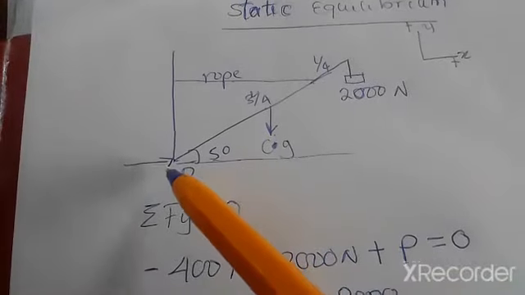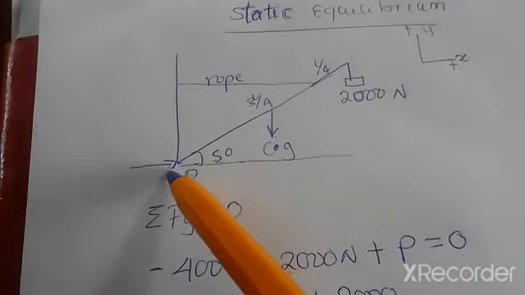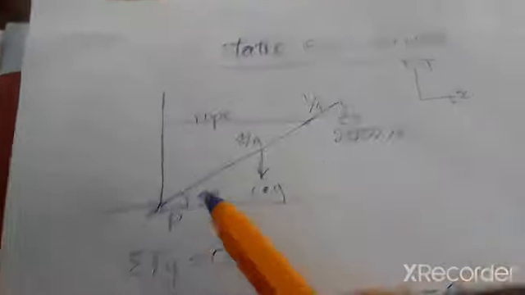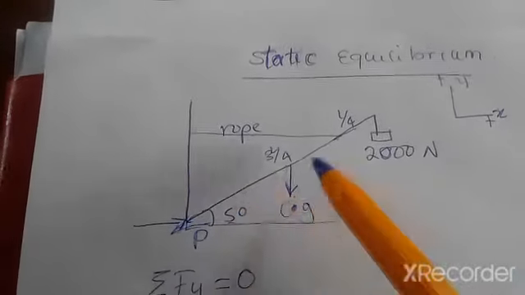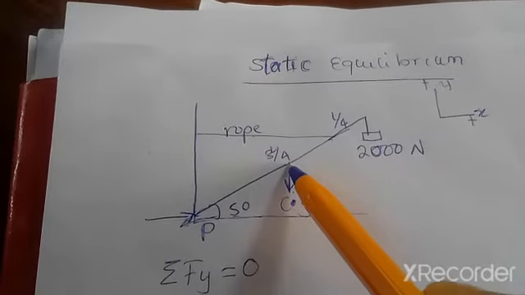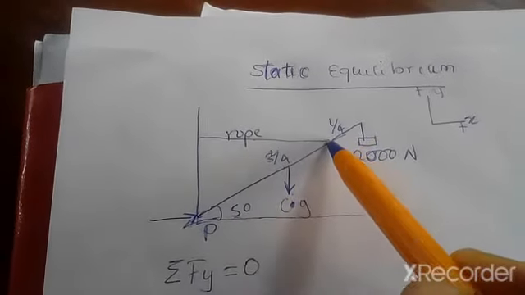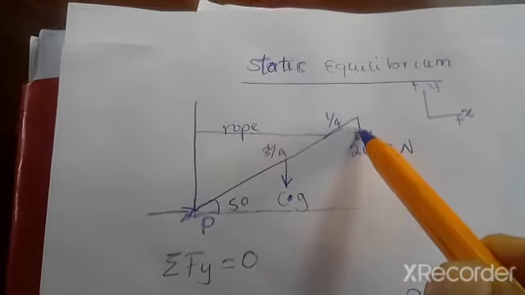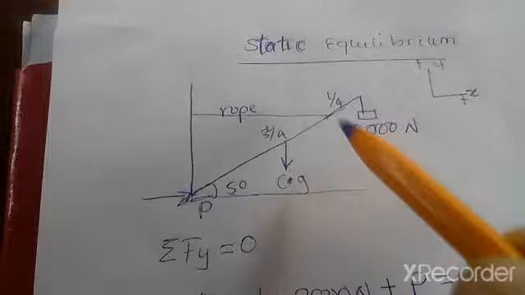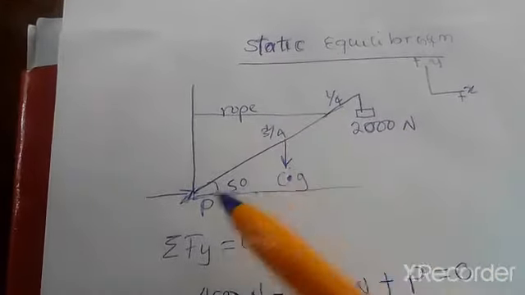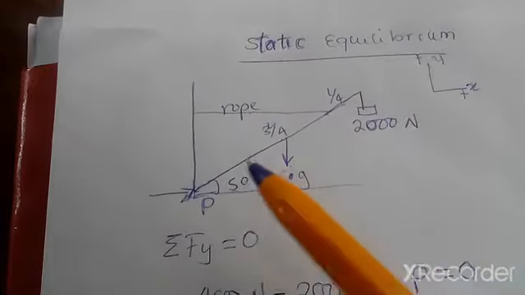If we take moments about this point, just here at P, we are going to have the torque with reference to this force from the center, the torque with reference to the rope, and the torque with reference to the 2000 Newton. So we have three forces.